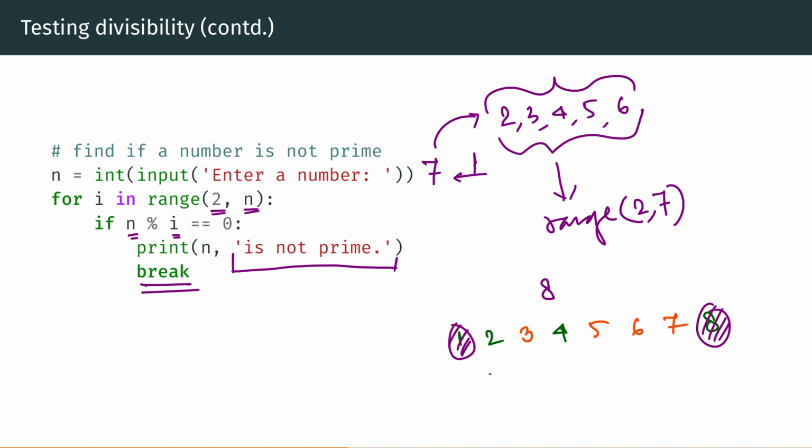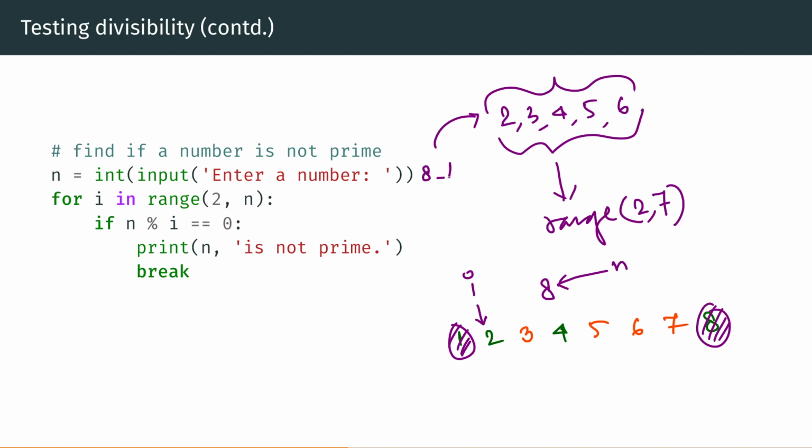So initially I equals 2, and n equals 8. If 8 is divisible by 2, which it is. In this example, let's assume that instead of 7, I entered 8.